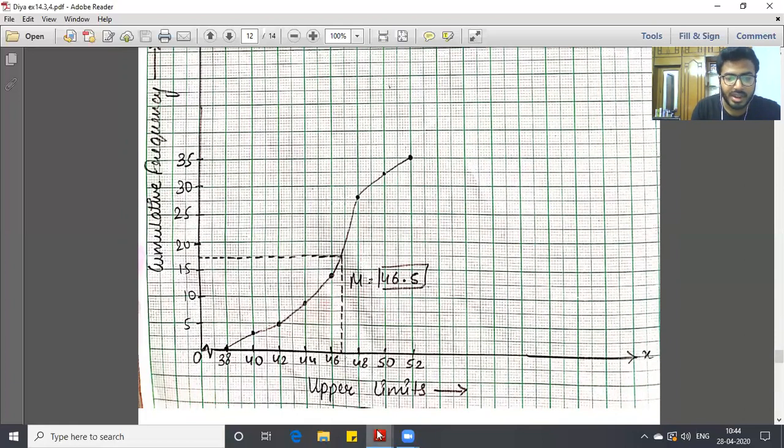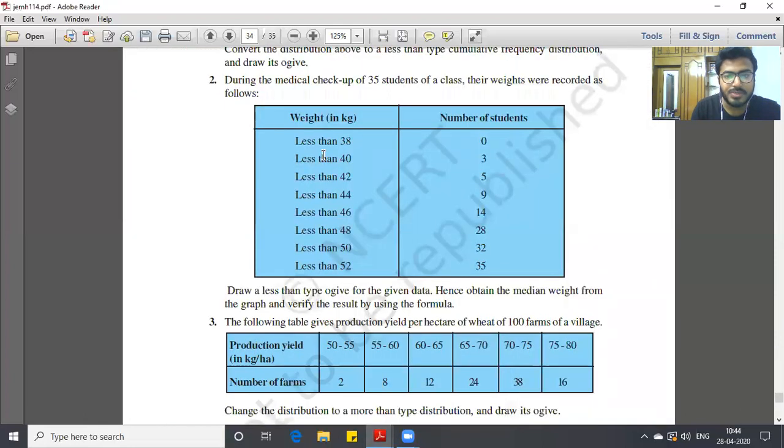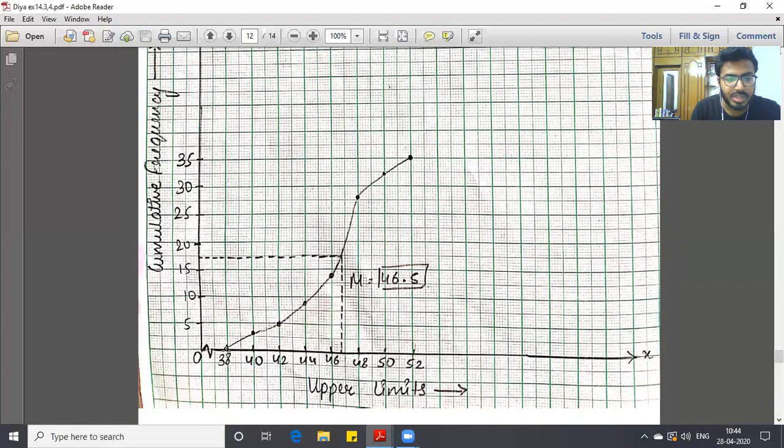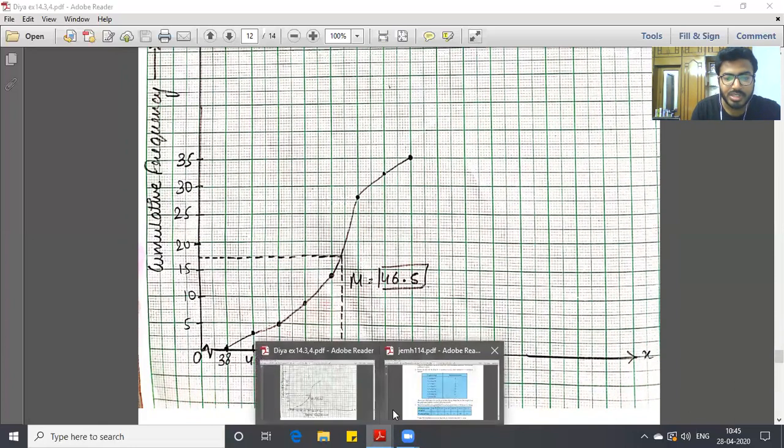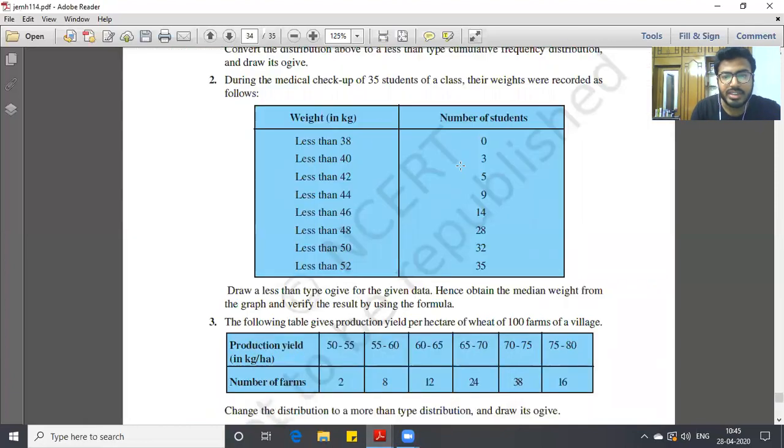Clear? Now the next thing: the first value is 38, 0. We mark 38 and 0 here. The next point is 40 and 3.